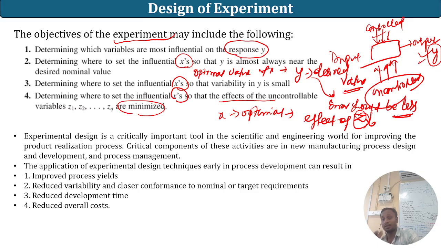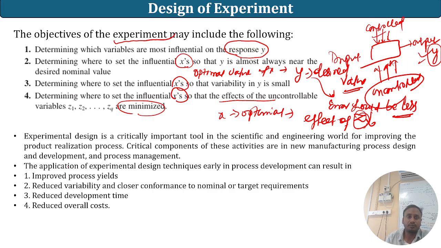So the objective is always to have the desired output, but the factors should be at an optimal value. I'm not saying minimal or maximum, it should be the optimum value. That's why, when we talk about statistics, the term optimum parameters comes into the picture.